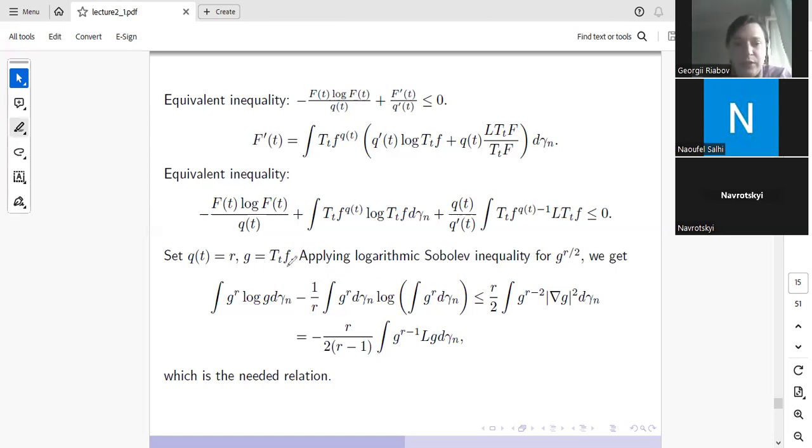Consider the function g, it will be T_t of f, and denote q(t) to be r. Then we apply the logarithmic Sobolev inequality to the function g to the power r over 2.